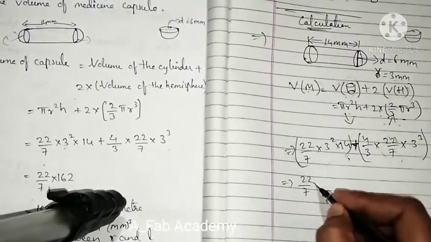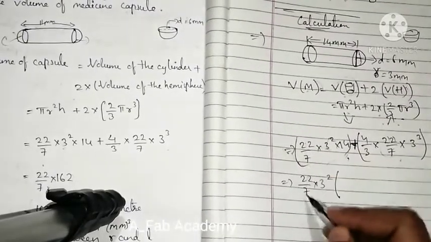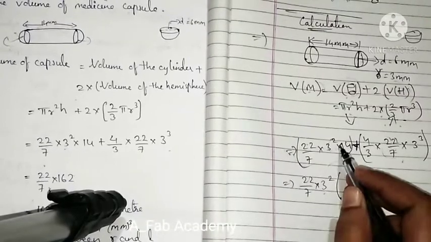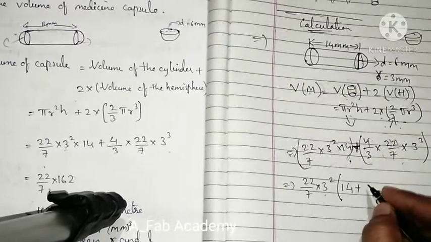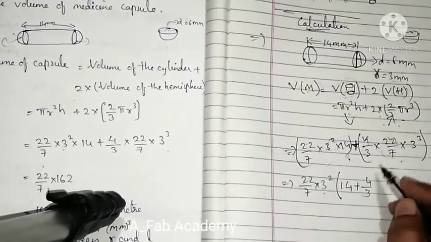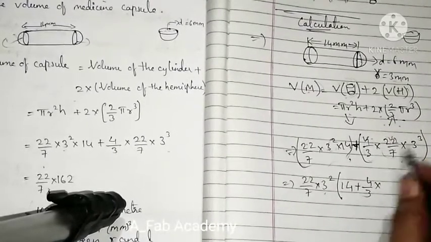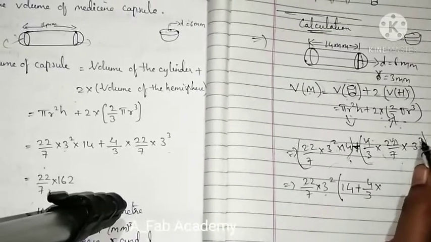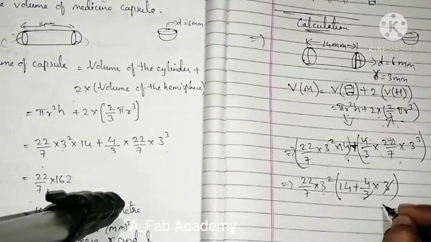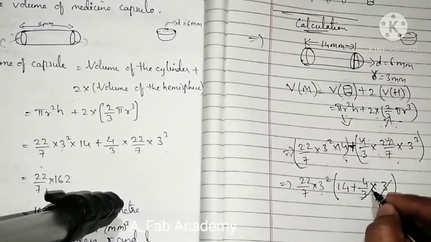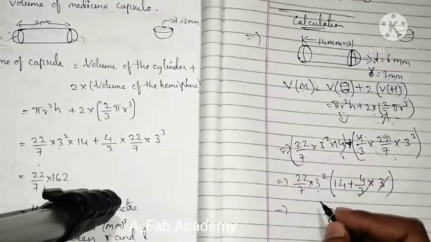The remaining will be 14 plus 4/3 into 3, because here the cube is 3. Now this 3 gets cancelled, we can cancel because a multiplication sign is there. If plus is there, you have to take the LCM, or you can do cross multiplication.